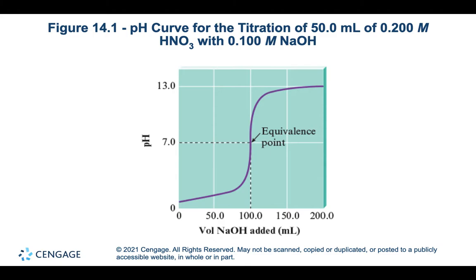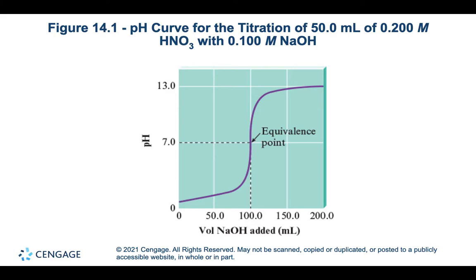But to get to a pH that's 1 unit higher, you have to neutralize 90% of that strong acid. And so your pH actually is going to be fairly level until you get very close to your equivalence point.